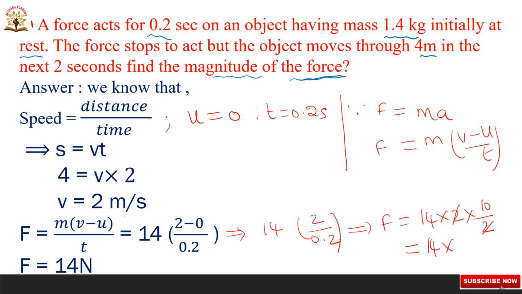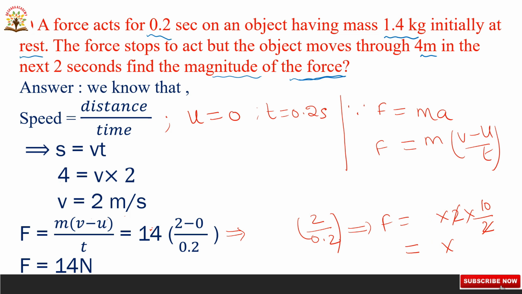F is equal to, and again in the place of mass they have given 1.4. So here I should write 1.4, not 14, this is 1.4, 1.4 into 10.